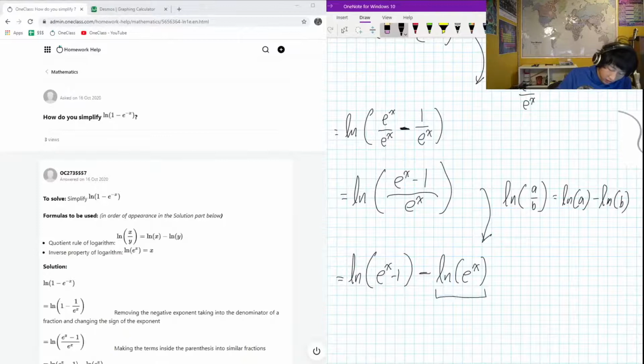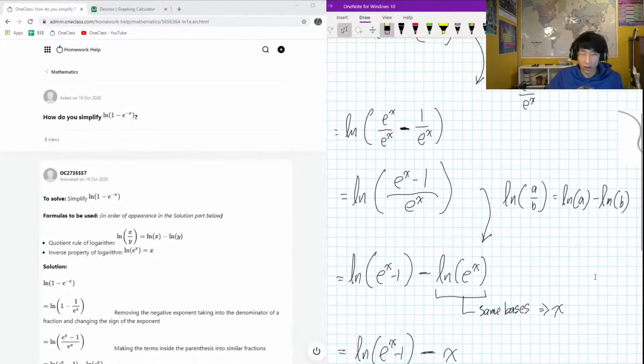And we know that this will simplify, same bases, so that will simplify to just x. So natural logarithm of e to the x minus 1 minus x.